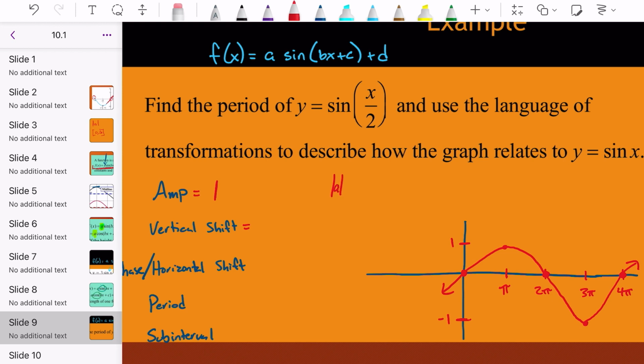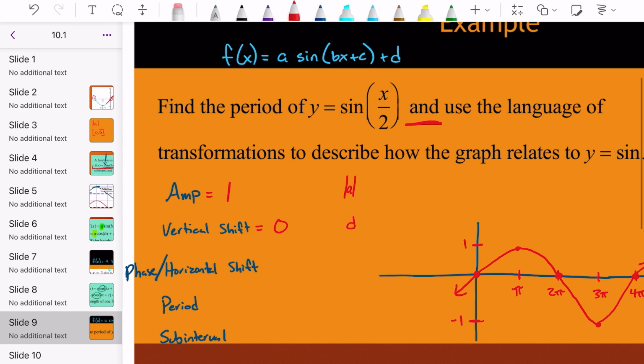Let's go ahead and take a look at the vertical shift. Now our vertical shift here, notice to the right-hand side of our parentheses is our d. Now in this case, since there is not a number, our vertical shift is 0. We're going to go ahead and take a look at our horizontal shift.